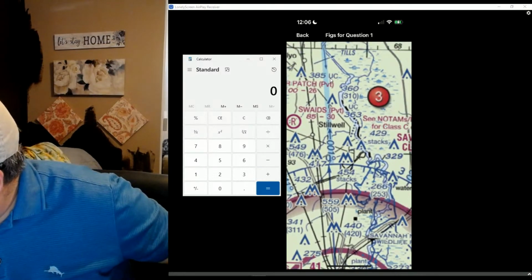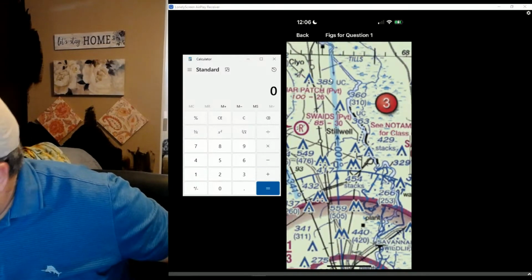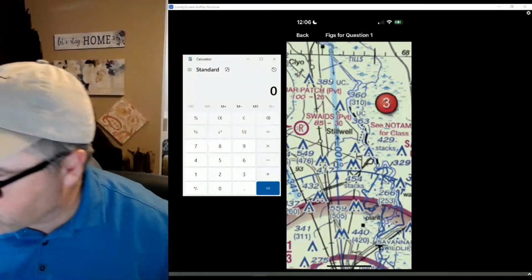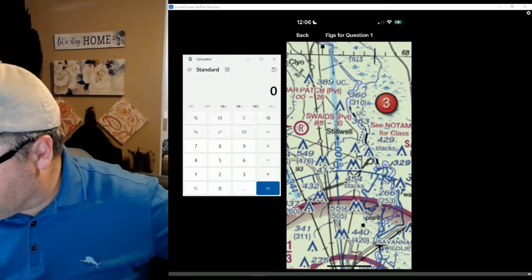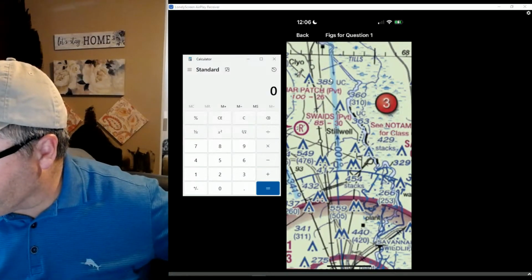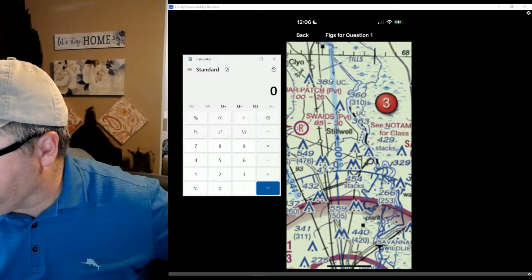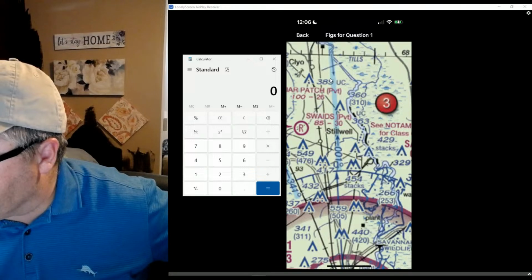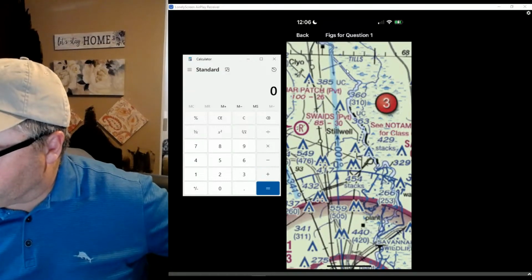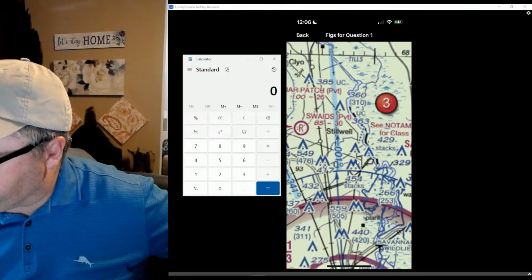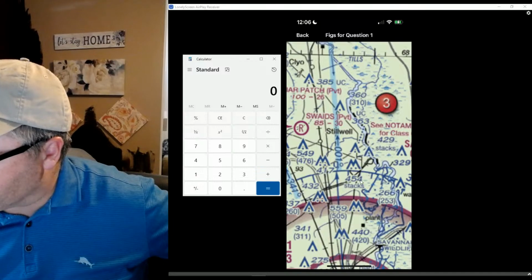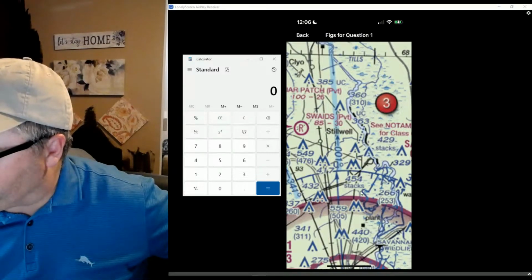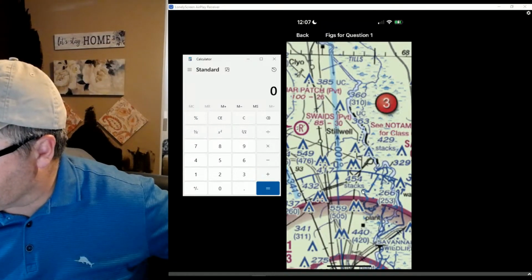This group obstruction right here. 454 feet is what I see directly underneath that item right there. It's a group obstruction, 009. It's about 11 nautical miles. I read it right there, 454, and there are some smokestacks there.